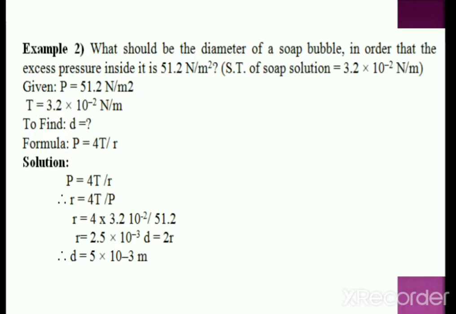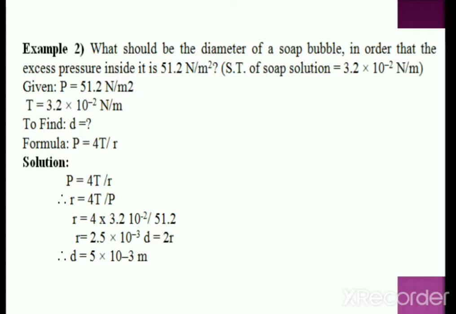Therefore use the formula P is equal to 4T upon R. We have to find the radius. So R is equal to 4T upon P. Now put the values, that is 4 into 3.2 into 10 raised to minus 2 divided by pressure 51.2. Therefore the value of R becomes 2.5 into 10 raised to minus 3.